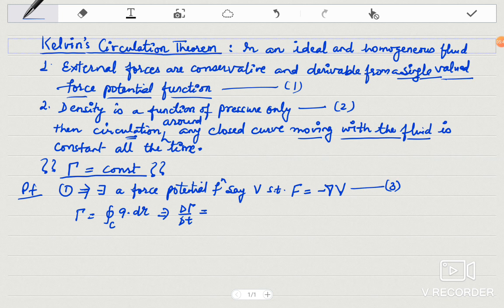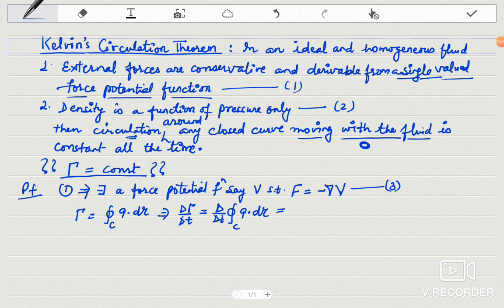So d gamma dt will be d dt of the integral over C of q dot dr. Now the importance of moving with the fluid arrives here, because the C is made up of the same fluid elements. Fluid elements are not changing.